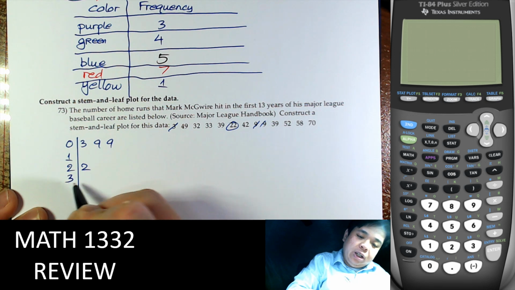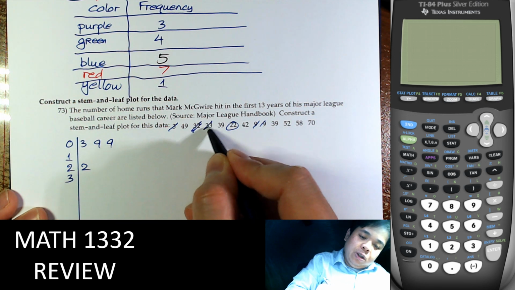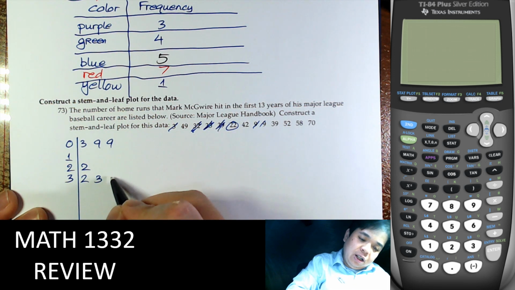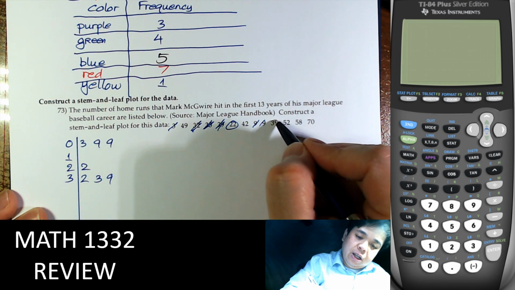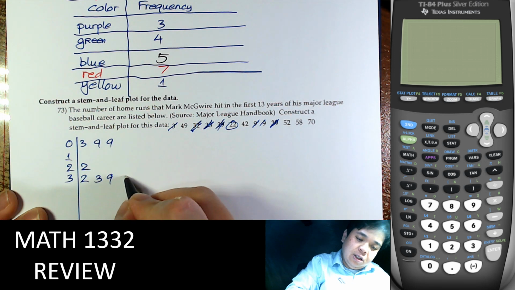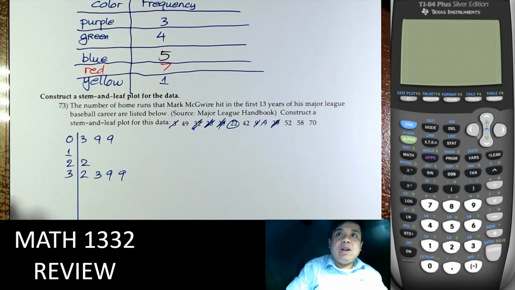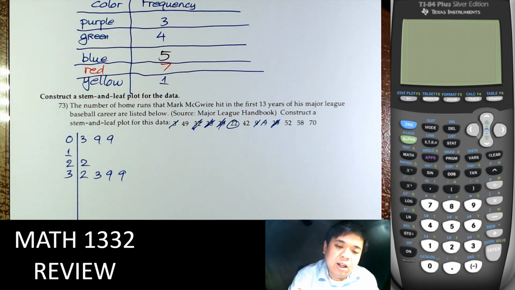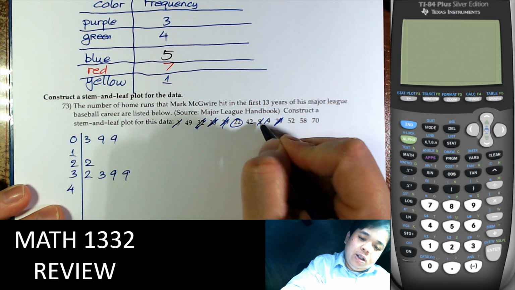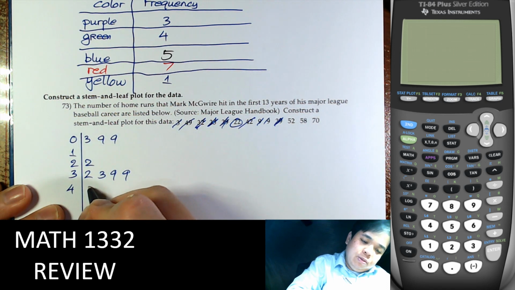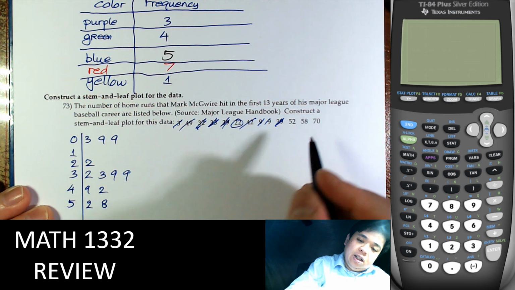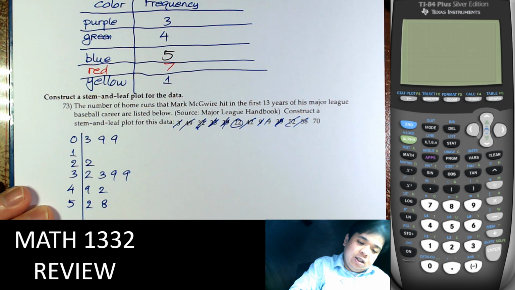Now, any 30s: 32, 33, 39, and then 39. Yeah. So we write the last digit on the right and everything else on the left. And then any 40s: 49, 42, and 50s: 52, 58, and then 70.